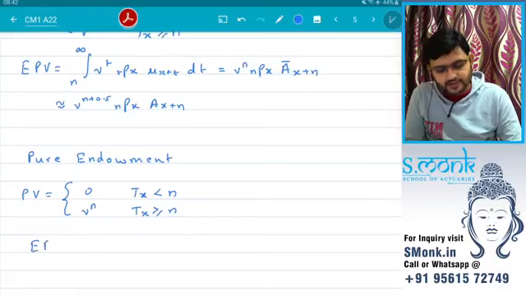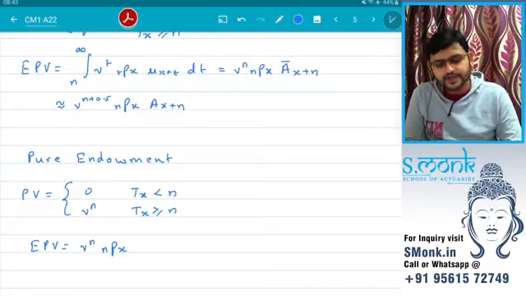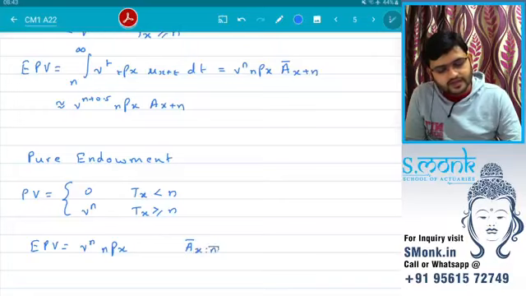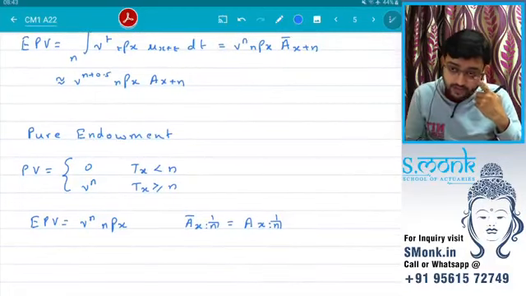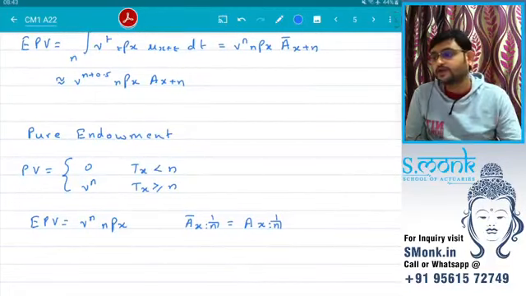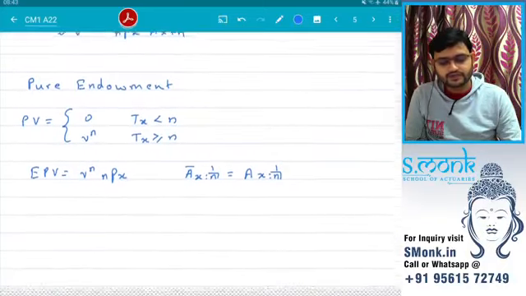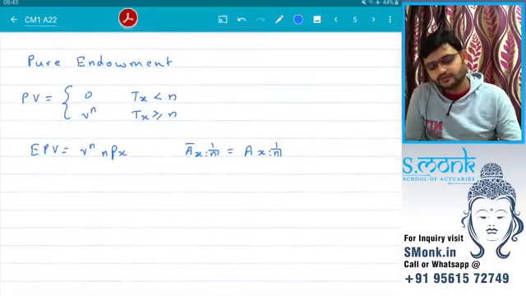So the expected present value will be payment at time n given to anybody who survives to time n. So A bar x n dash will be equal to A x n dash. In pure endowment, payment given immediately on death or at the end of the year of death does not make any difference.